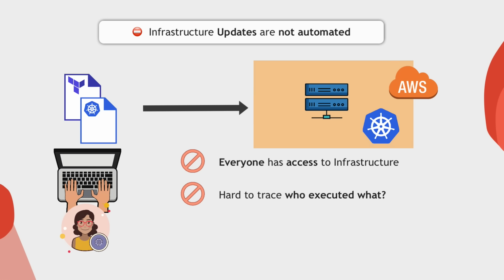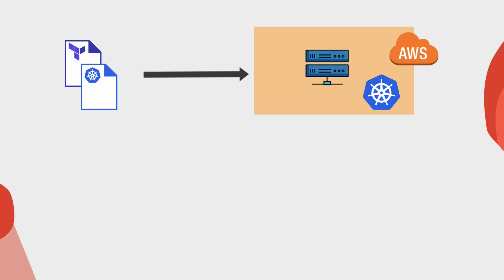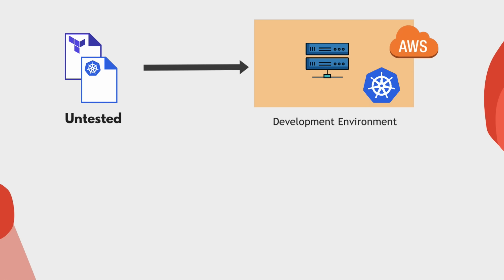And if you made any mistakes in the code, wrong configuration, wrong attribute, you will know about these problems only once you apply them. So untested config changes end up in the development environment where you can then test whether you broke something or not.